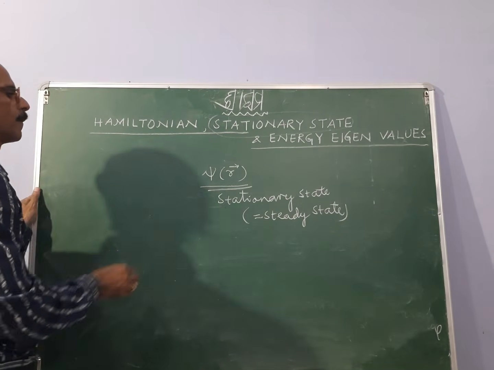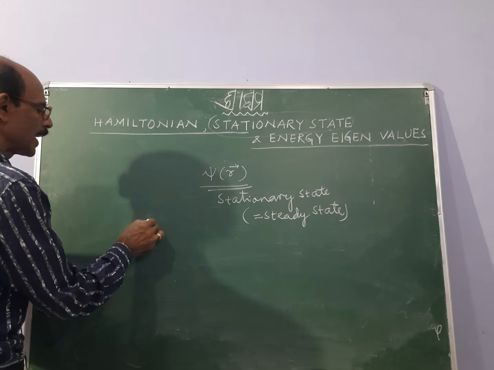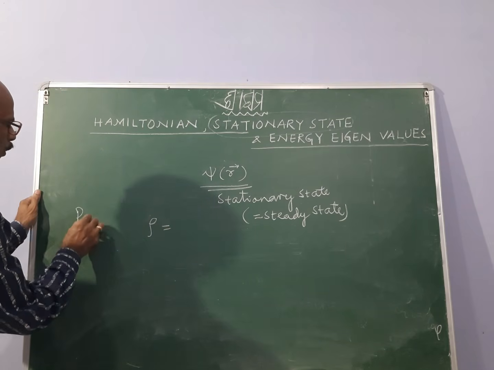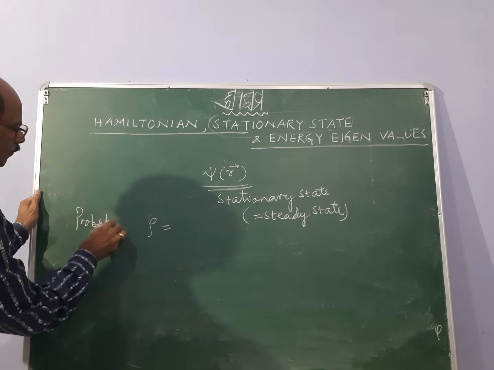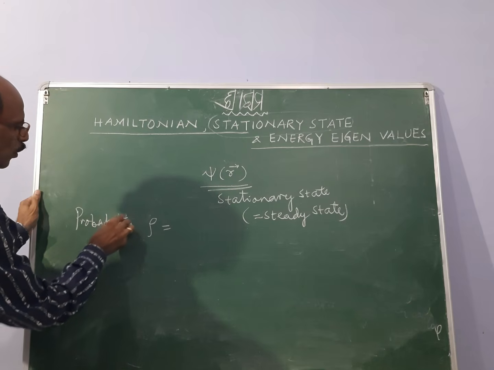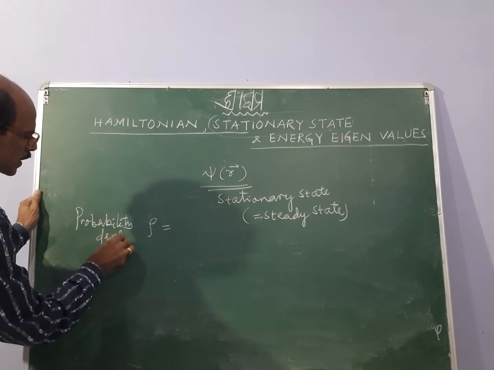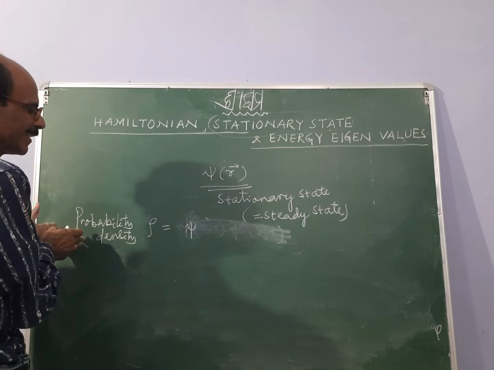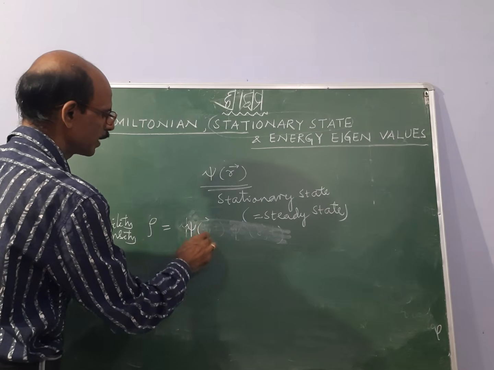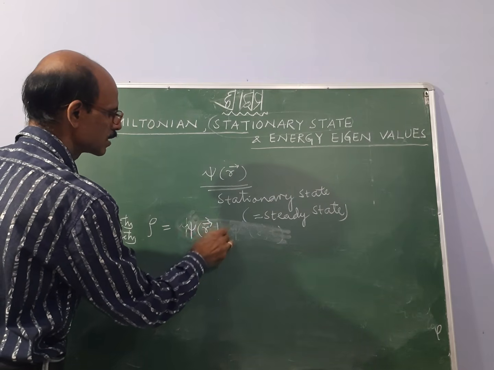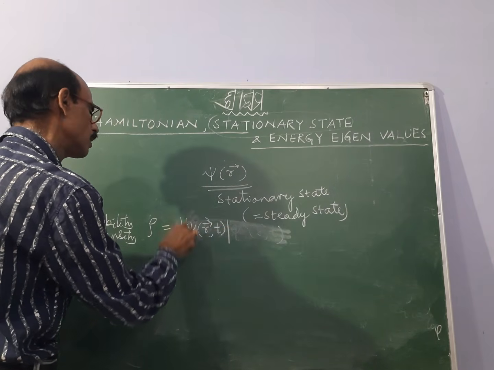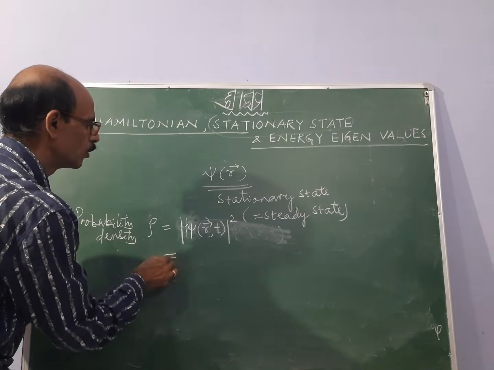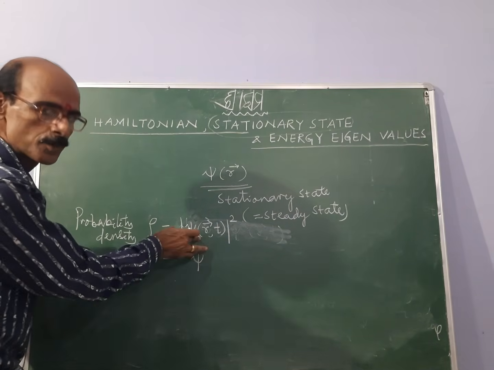Let me explain. Suppose I find out the probability density. Probability density rho is given by psi r t modulus square. But what is modulus square? It is a complex function.